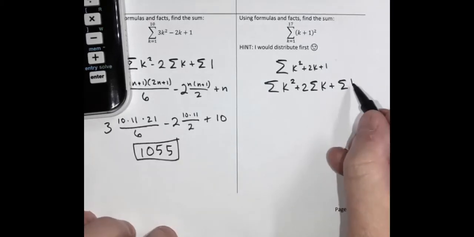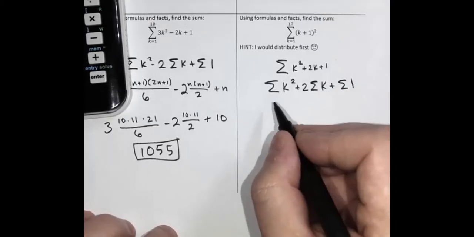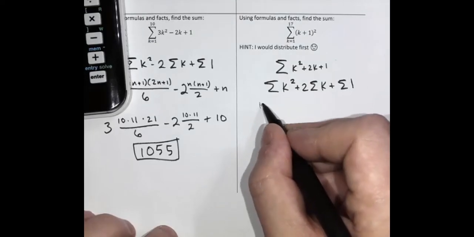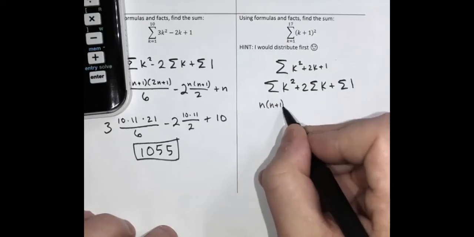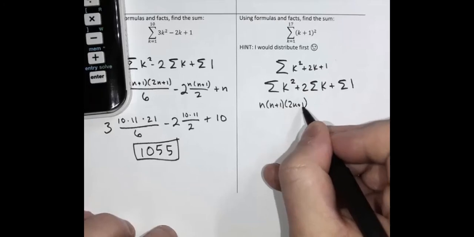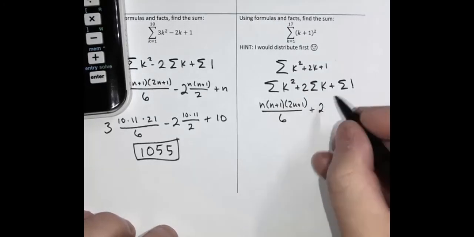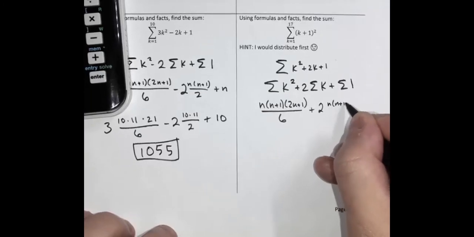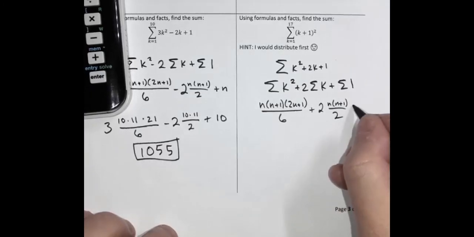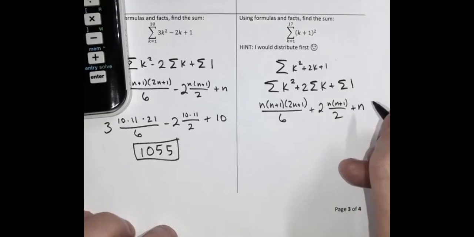Okay, so what do these become? The sum of the k squareds is n times n plus 1 times 2n plus 1 over 6 plus 2 times, what's the sum of the k's? N times n plus 1 over 2, plus the sum of the 1's, which is n.